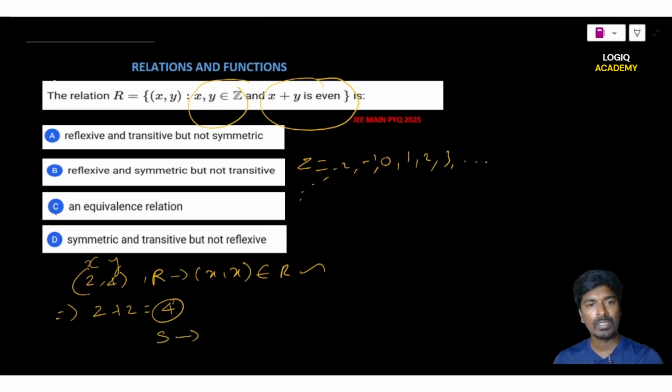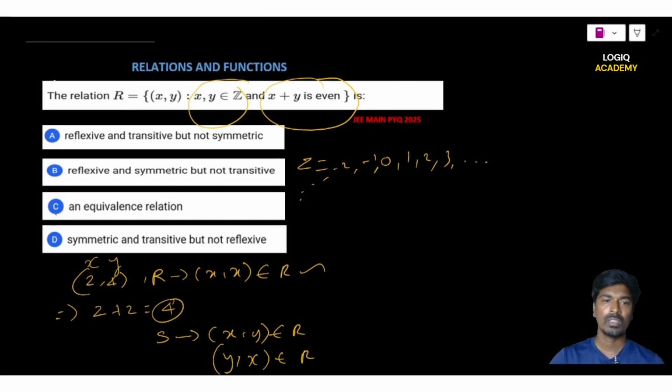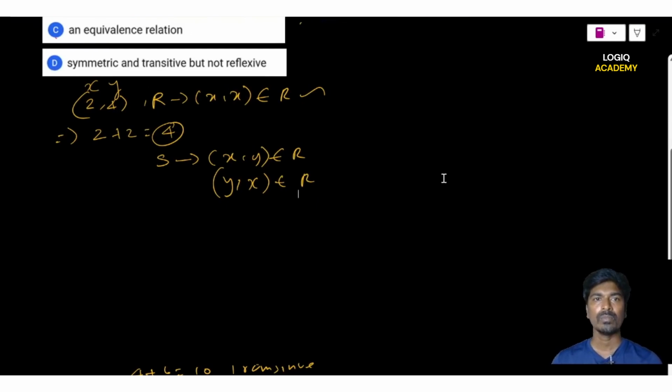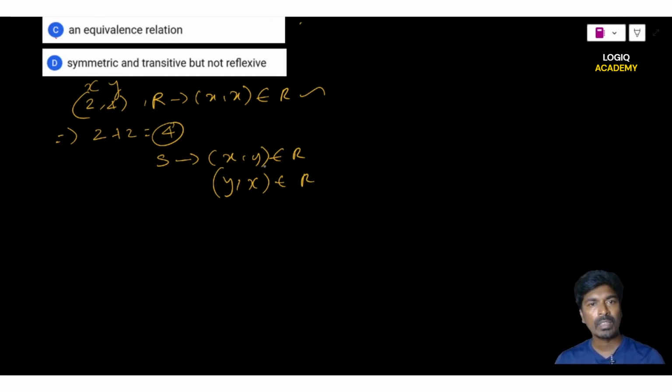Symmetric, we know that if (x, y) belongs to R, then (y, x) belongs to R. This is the condition for symmetric. So take (x, y) and check for (x, y). 2 plus 4 is equal to 6.